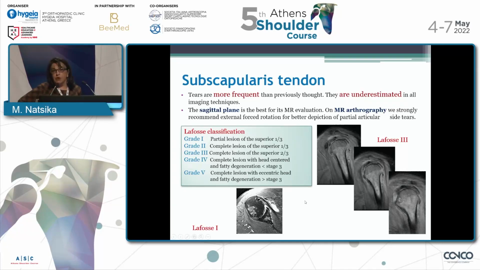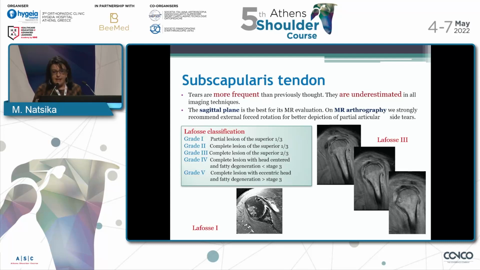I will finish now with the subscapularis tendon because tears are more frequent than we previously thought, and they are underestimated in all imaging techniques. The sagittal plane is the best for the MRI evaluation, and on MR arthrography, we strongly recommend external forced rotation for better depiction of the partial articular-sided tears.